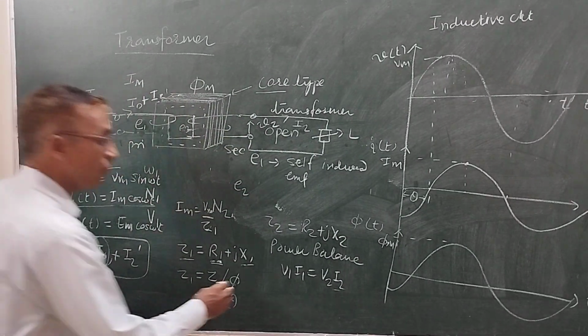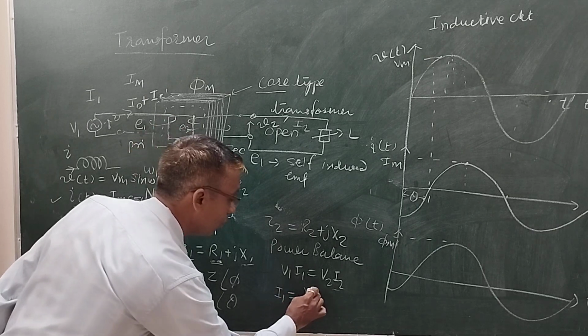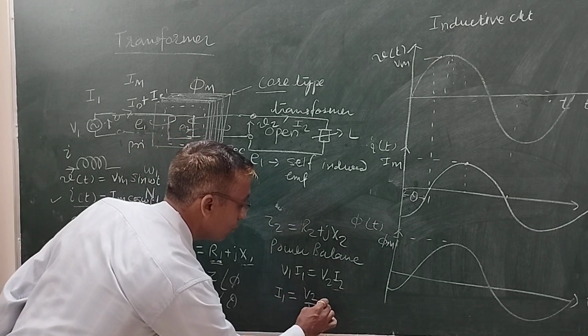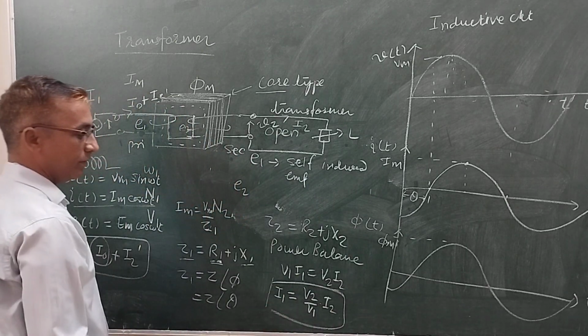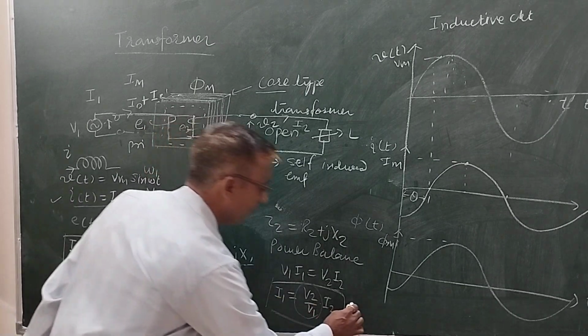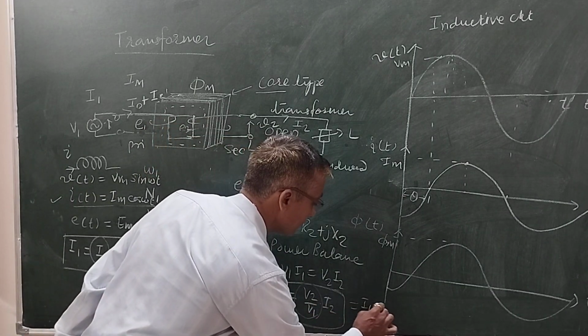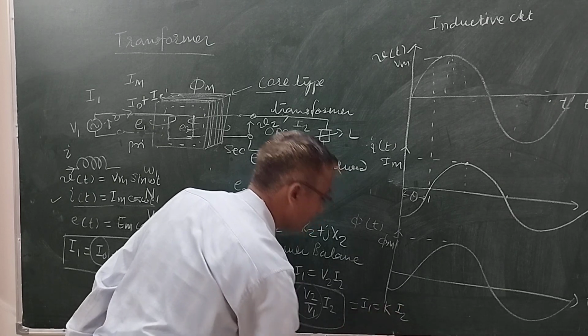Okay. You will find that if I want to calculate the current I1, then it is simple. That is V2 upon V1 into I2. Whenever I want to define this V2 upon V1, in a transformer it is called the transformation ratio K, so K times I2.